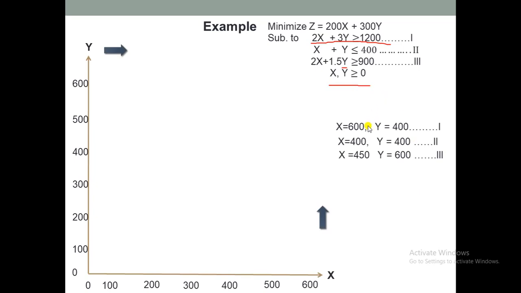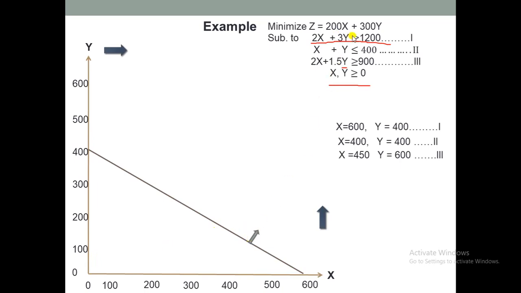So let's take the first coordinate, 600 comma 400. Here is 600, here is 400. This is going to be the first line, which connects the points 600 and 400 for constraint number 1. It is greater than type, so it will be above the line, away from the origin.